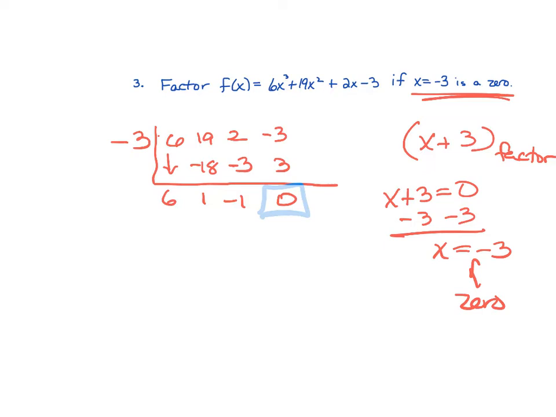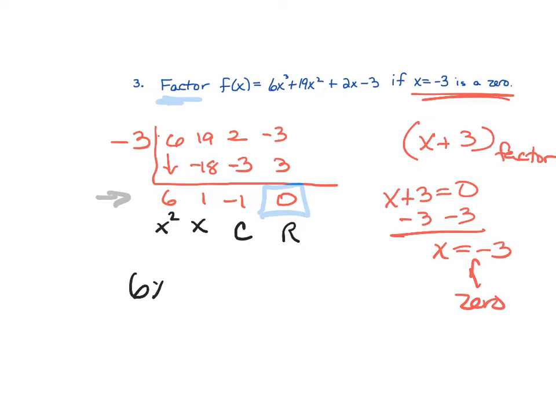Now, notice the instructions here said to factor. I need to keep going. I've only found or confirmed one of my factors. So what I'm going to do now is I'm going to add the variables back in to this bottom row. So this is the remainder, this is the constant, the x term, and the x squared.